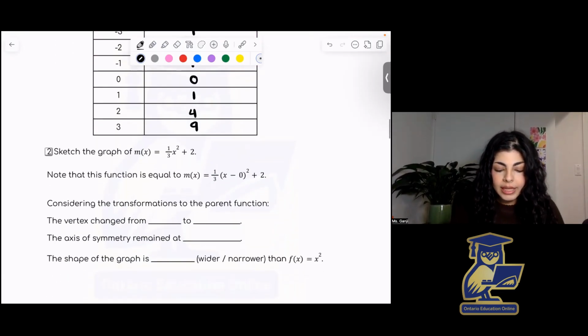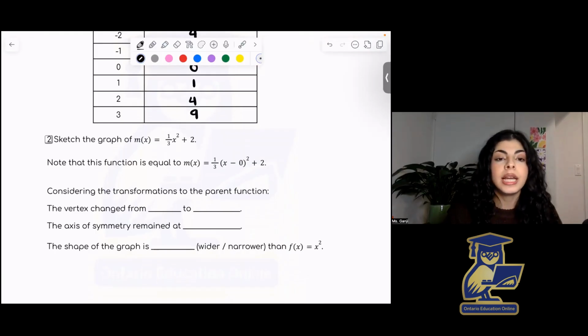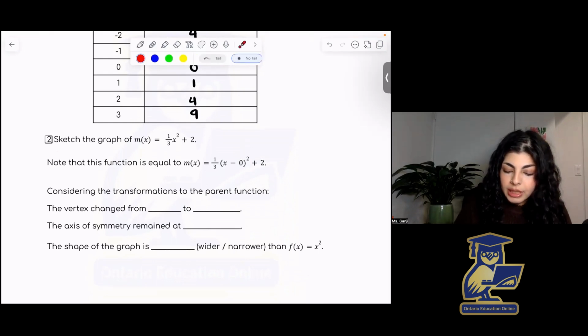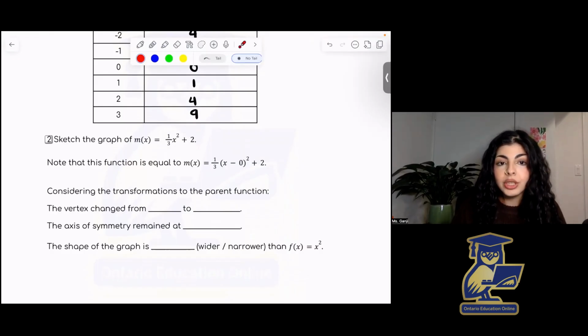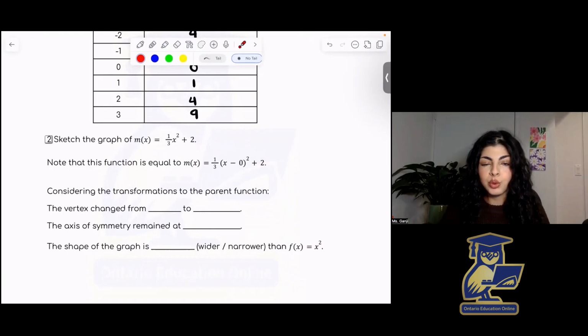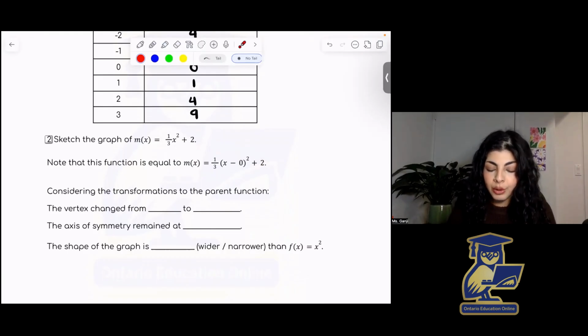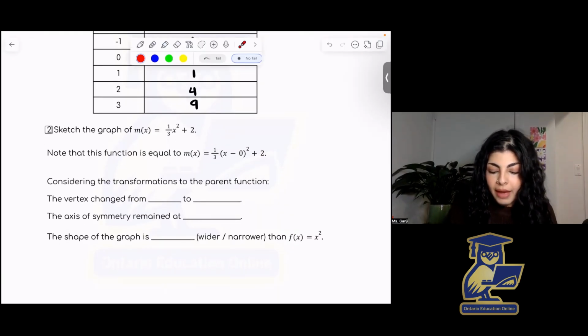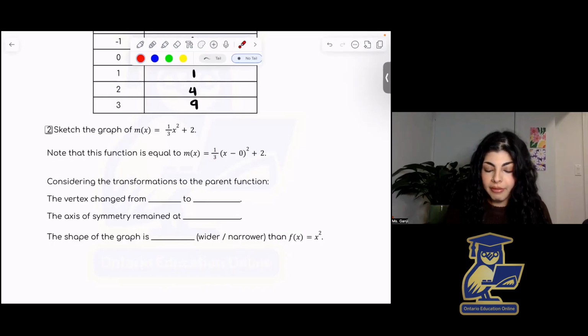And we're asked to sketch the graph of this new function m of x, where there has been some transformations taken place. So writing this in vertex form, and it actually is already in vertex form, but I just wrote it a little bit differently so you can visualize it with that a, h, and k values. So here we have our a value, which is our scale factor.